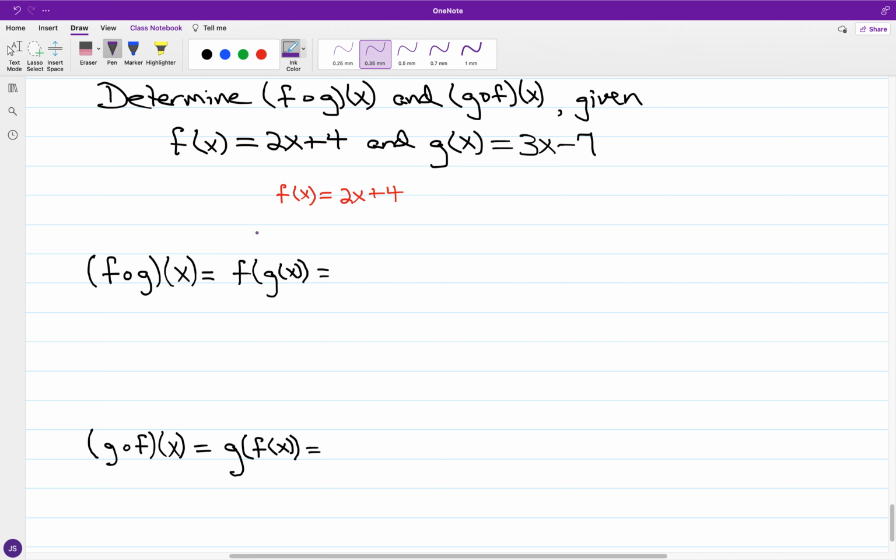And with the input going over to g of x, you have f of g of x, so that's going to be 2 times what we have for g of x, followed by the addition of 4. Now g of x is specifically 3x minus 7.